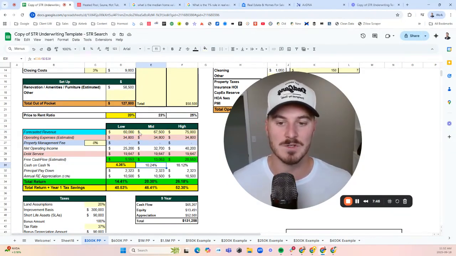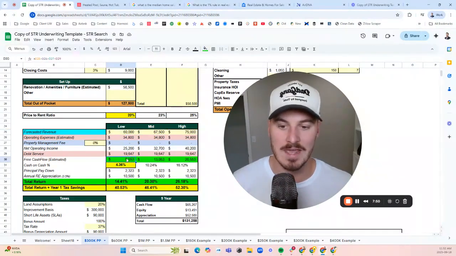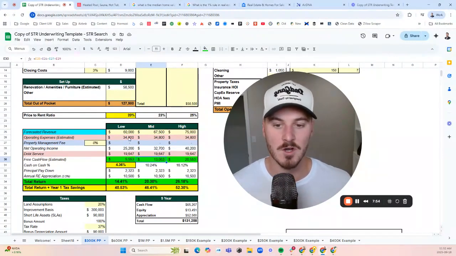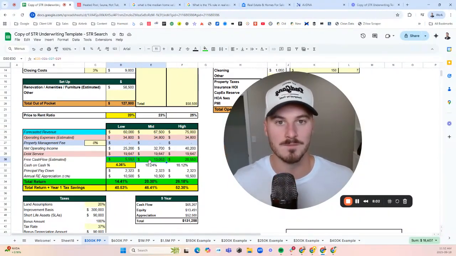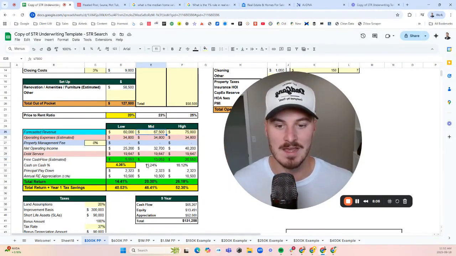And that's just because with smaller properties, these tiny little increments can take your free cash flow from $5,500 all the way to $13,000, because there's no increase in the operating expenses. It's just your ability to get a higher nightly rate. And so the increase in cash flow is over 100%, right? But your increase over here is a fraction of that. And that's why you're seeing a big jump with such a small increase here.